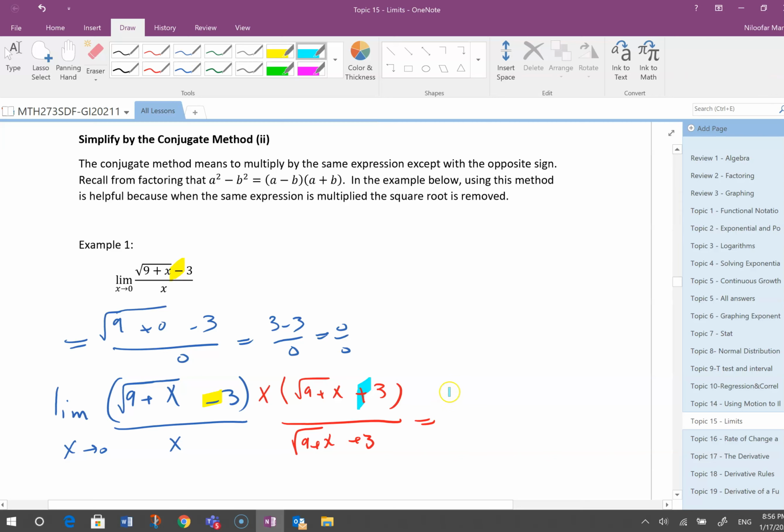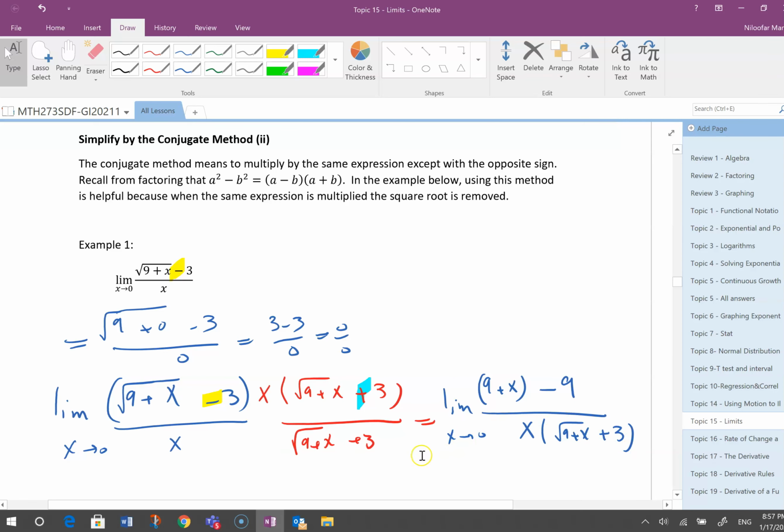So it is limit of 9 plus x, because the radical is removed, minus 9, because for that one I do not have a radical, so I do 3 squared, divided by x, multiplied by this. Don't forget you have something extra.